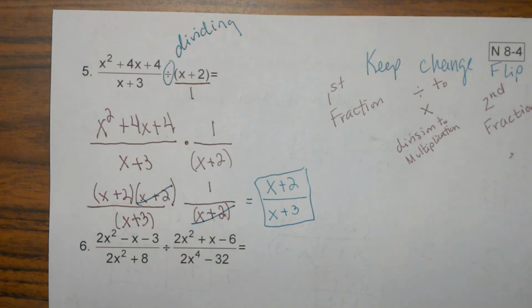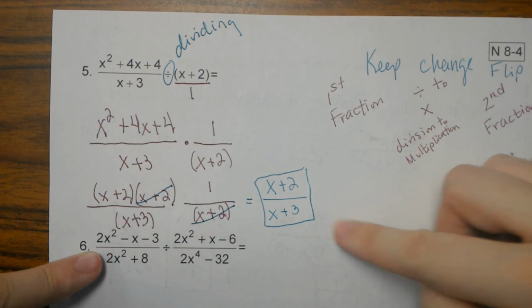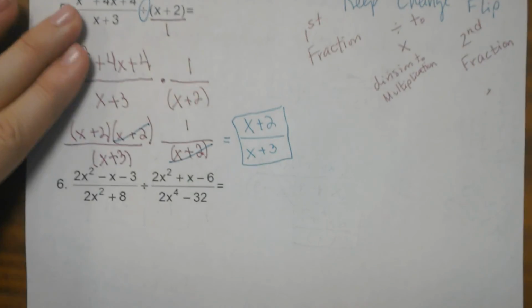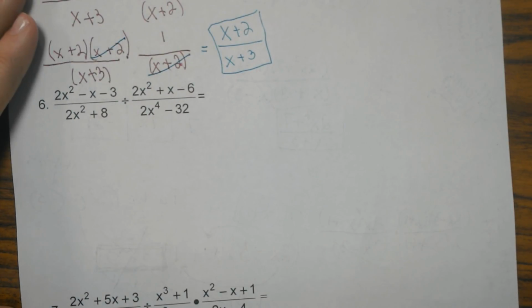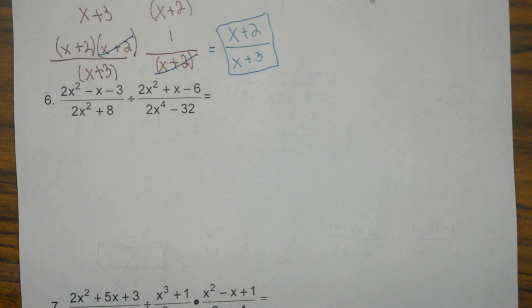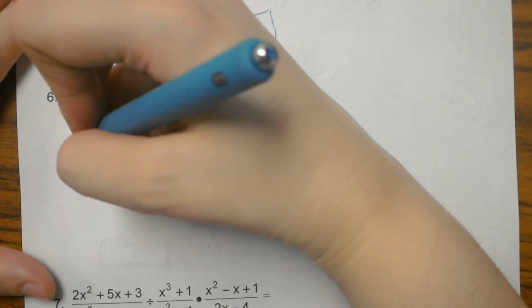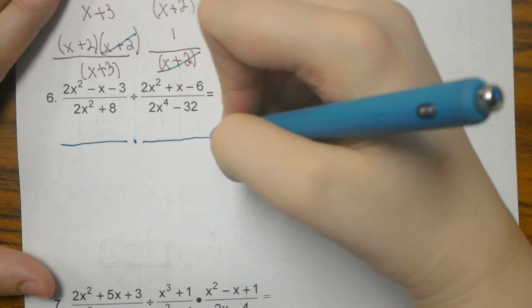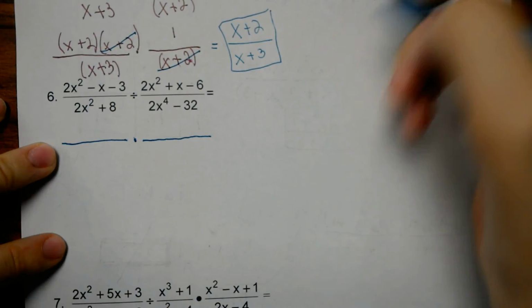So sometimes we are going to have a fraction as an answer. Sometimes we won't. Sometimes we might get something awful and it equals just a number. So I want to always start off by doing the keep change flip.